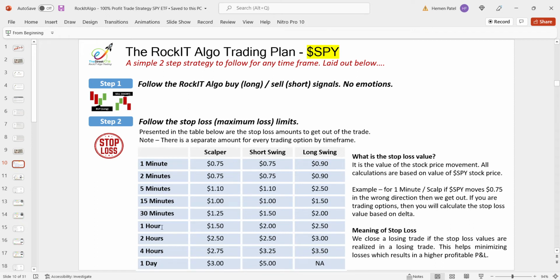If I'm doing a 1 hour trade, scalper trading, I'm not going to lose more than $1.50. For short swing, $2, and for long swing, $2.50. Now, these have to be derived in a certain way, and we will be sharing that for different stocks, but use these stop losses for SPY.